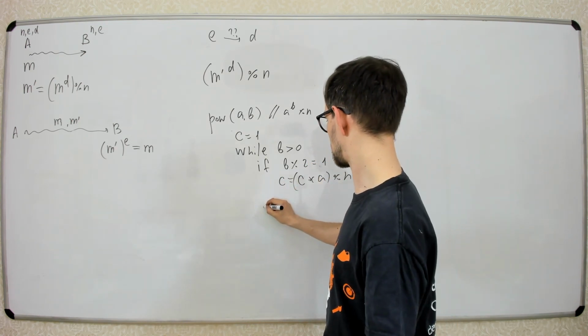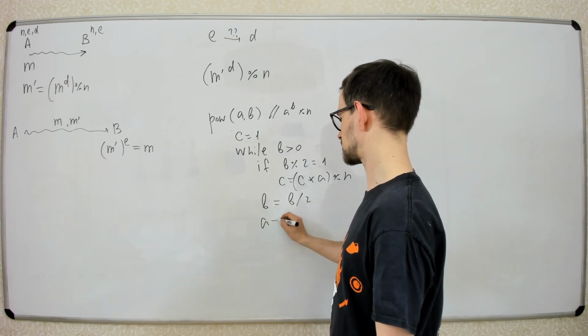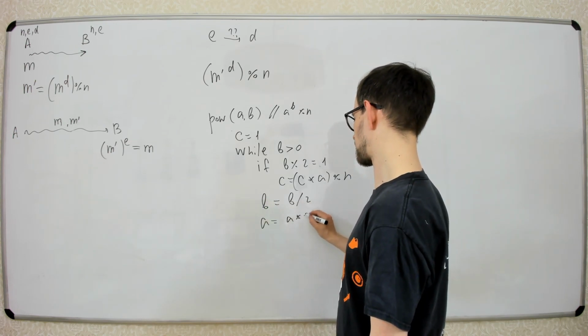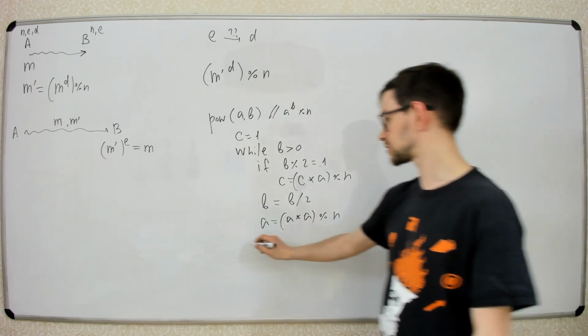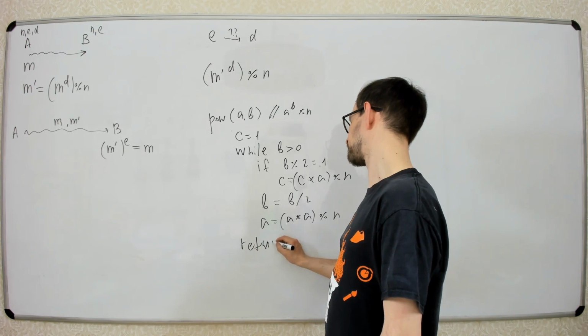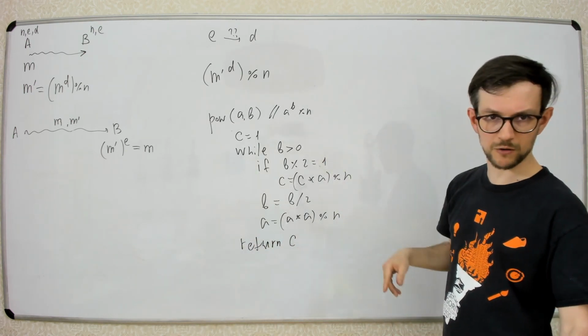Then b equals b divided by 2, and a equals a squared modulo n. Return c. So that's how you calculate a to the power of b.